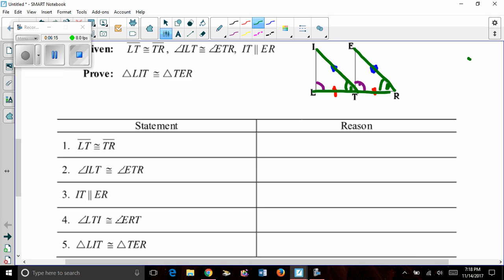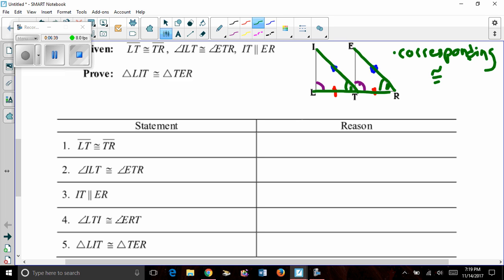Well, we would call those corresponding angles. And corresponding angles are congruent. So just some notes to jot down, because this actually starts to tell us we have congruence.